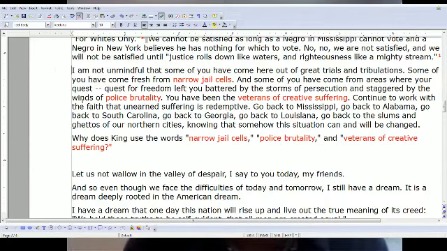Continue to work with the faith that unearned suffering is redemptive. Go back to Mississippi, go back to Alabama, go back to South Carolina, go back to Georgia, go back to Louisiana, go back to the slums and ghettos of our northern cities, knowing that somehow this situation can and will be changed. So why does King use these specific words here, right?